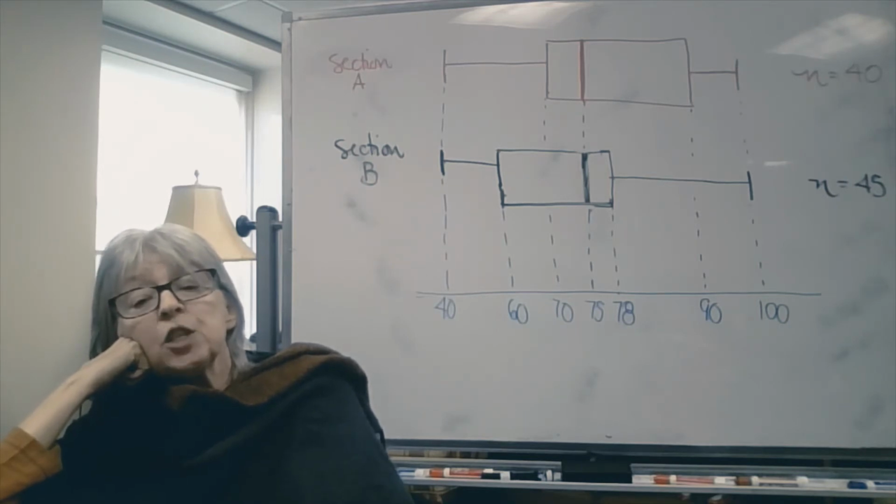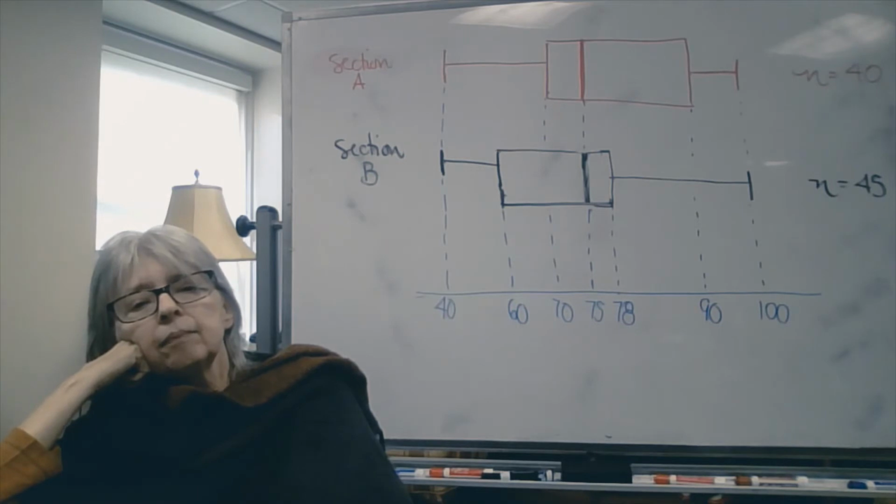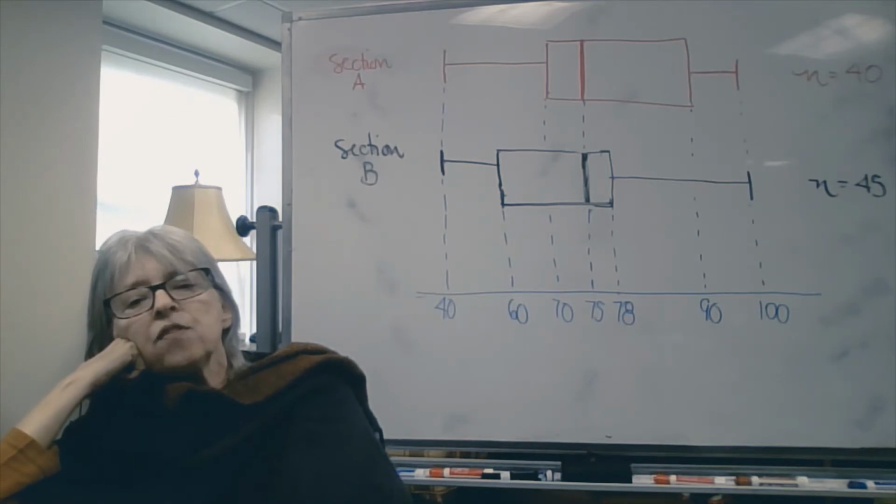The 25th percentile, or the first quartile, for section B is a 60. And the third quartile is 78. Half of section B scored between 60 and 78.